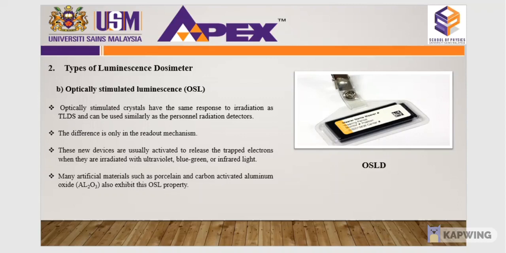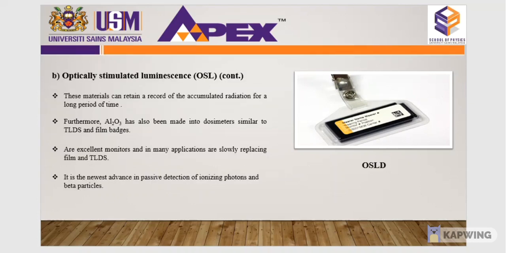Optically stimulated crystals respond to irradiation, and like TLDs, can be used similarly as personal radiation detectors, differing only in the readout mechanism. These devices are usually activated to release the trapped electrons by stimulation with blue-green or infrared light. Many artificial materials, such as porcelain and carbon-activated aluminum oxide, which is Al2O3, also exhibit OSL properties.